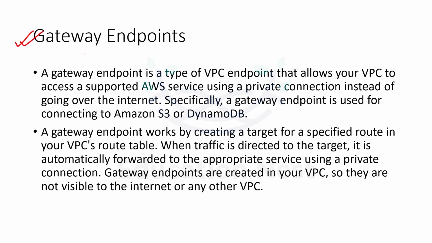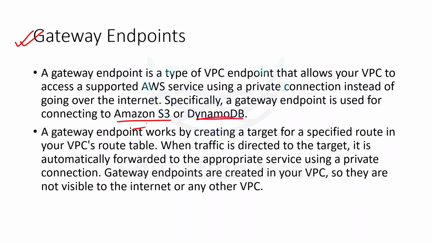After we discuss it, I'll show you the diagram of how it actually works. A gateway endpoint is a type of VPC endpoint which allows your VPC to access two services only, S3 and DynamoDB, because these two services are frequently accessed from our VPC. So it is important that we are not paying anything extra for them, and we need secure connectivity to them.